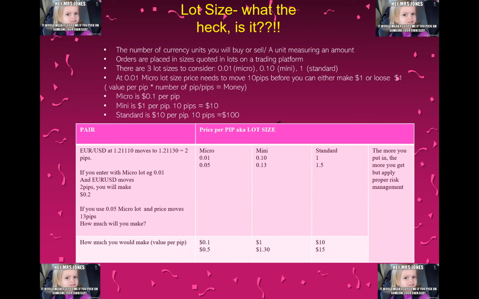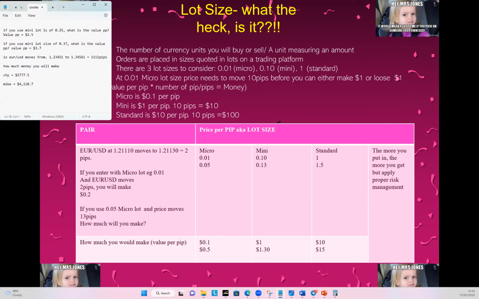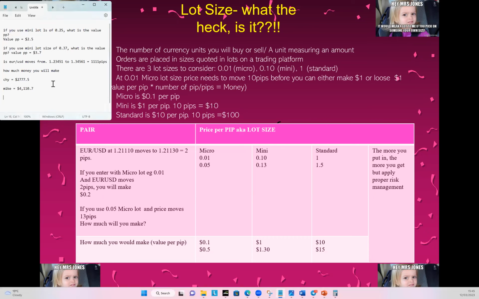Just multiply it by the number of pips to get the amount you are either making or losing. To calculate the value per pip with your lot size is very simple. Look at the micro, the 0.01.